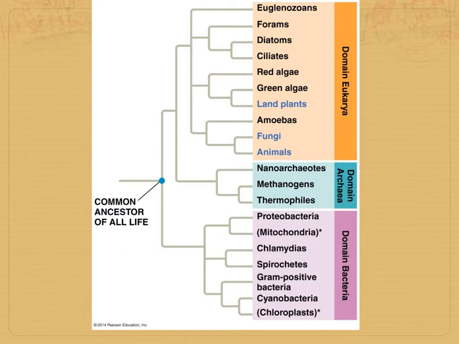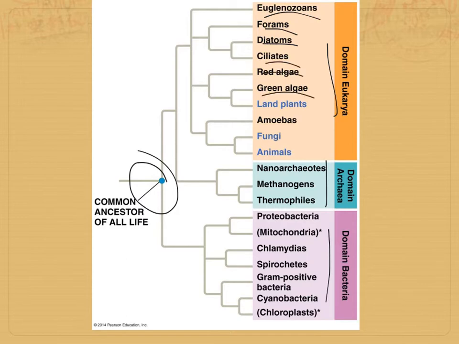So what we can do is put this all together and see how things may have evolved. This is one example of how organisms could have come about from that common ancestor. And you see we have our 3 domains. Okay. Right now, if you'll notice in here, we don't have anything that's specifically called the protists or protozoans.